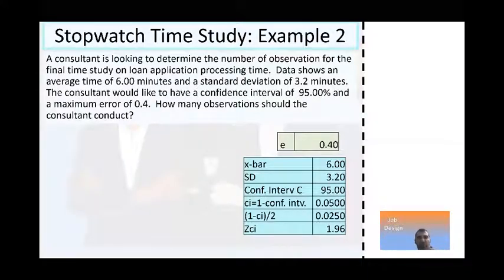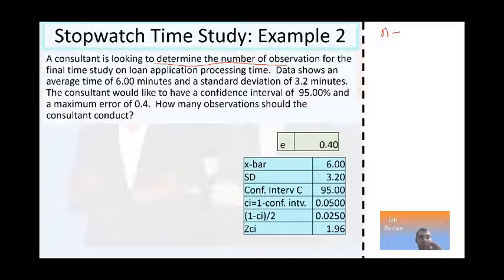Now let's look at this question, and I'll give you a few seconds to read it. The consultant is determining the number of observations, so they're asking for n.